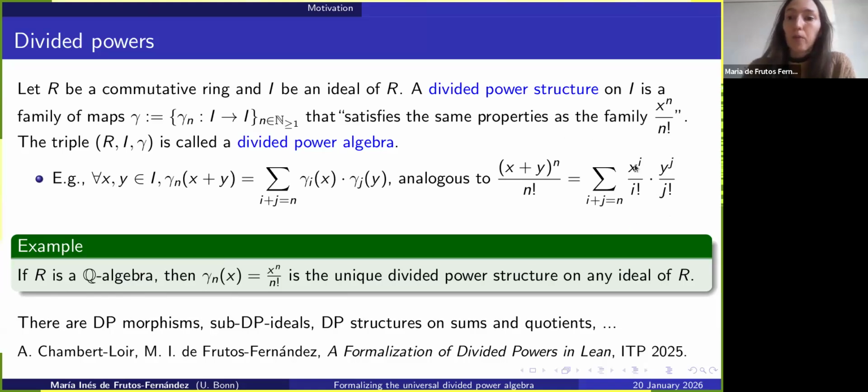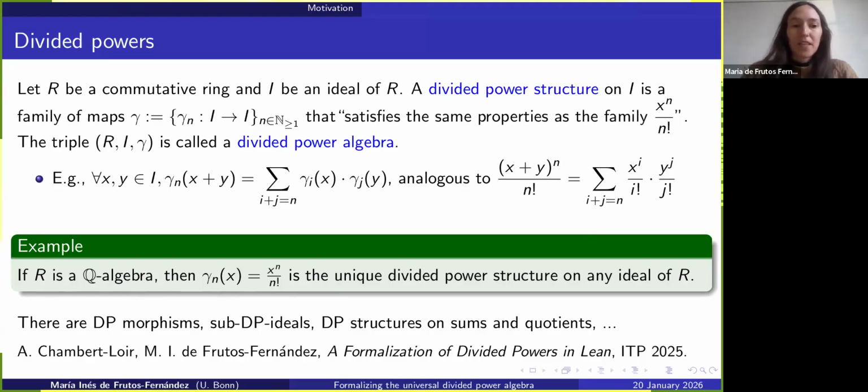Then if we abstract the family x to the n over n factorial to gamma n, we get this other formula on the left that addition must satisfy. You can play the same game with other properties like scalar multiplication, and if you do this, you end up with a list of 7 axioms that your family must satisfy to be considered a divided power structure.